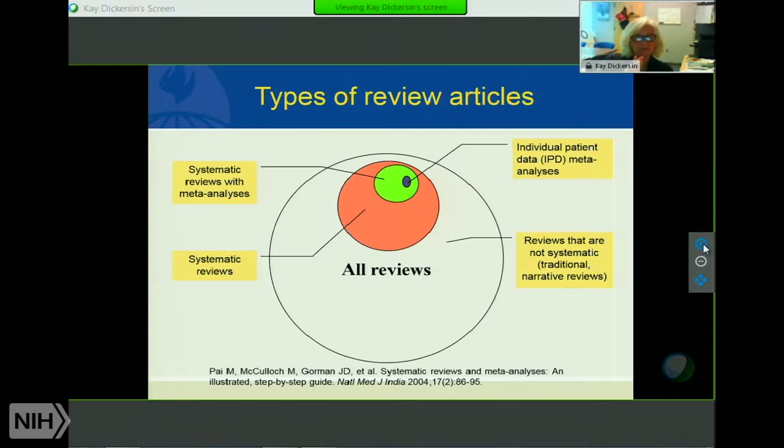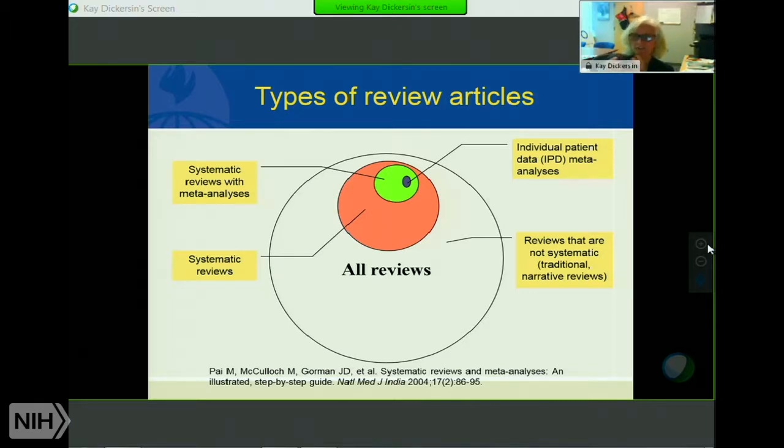I guess the only other thing I want to say that's important, that all meta-analyses need to be part of a systematic review, but not all systematic reviews need to have meta-analyses. So an example of that is you can't just choose the 5 studies in which you've been involved in and do a meta-analysis, because that could be biased.